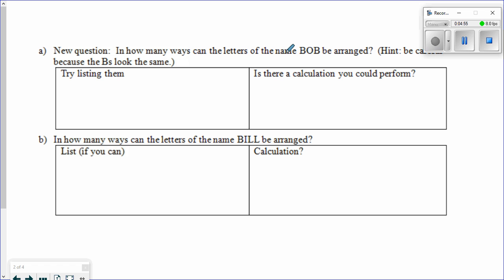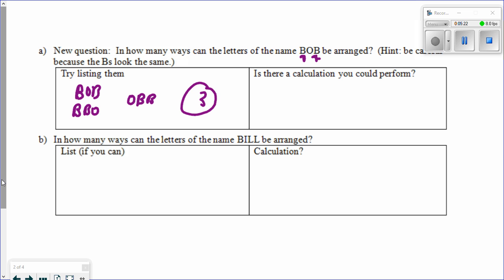They are the same. So we could have Bob as it is, BBO, or OBB. So there are three possible arrangements, with those B's being identical. I know when I'm drawing them, they don't look identical, but they're the same B. That's what we're talking about with these questions.